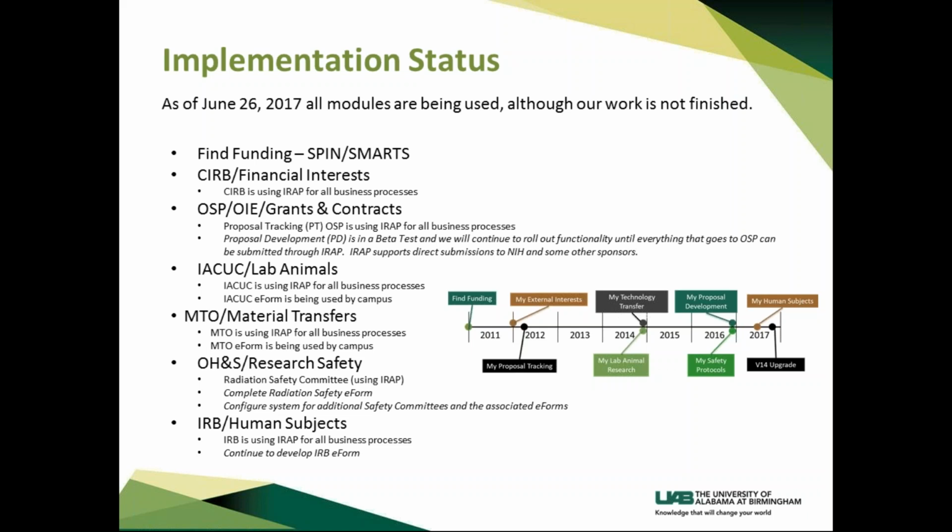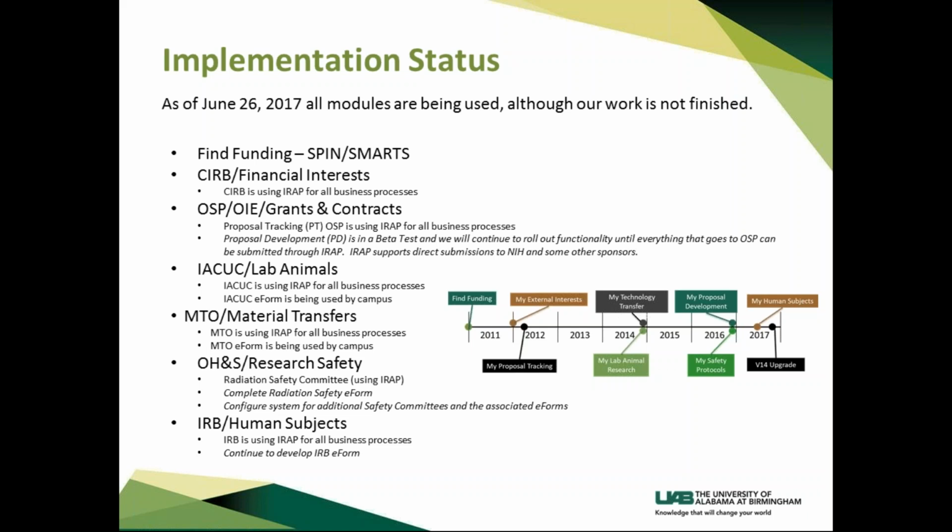So our first module that we put in the system and opened up to the campus was called Spin and Smarts. This is a funding opportunity search tool that has over 40,000 funding opportunities and over 10,000 sponsors. If you're looking for any funding opportunities, this is a great tool to use.